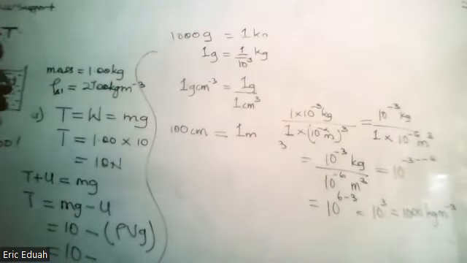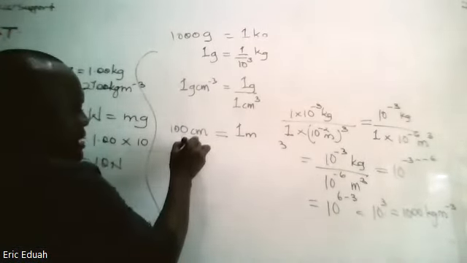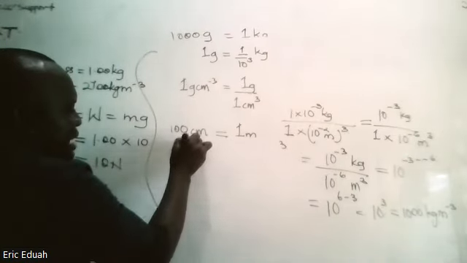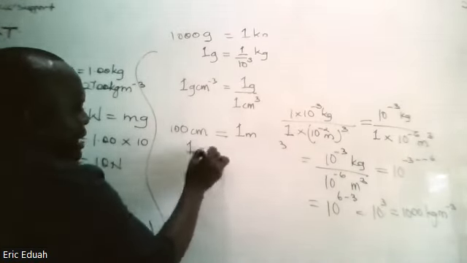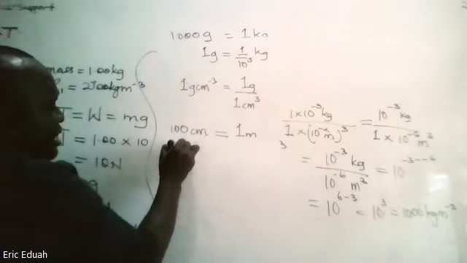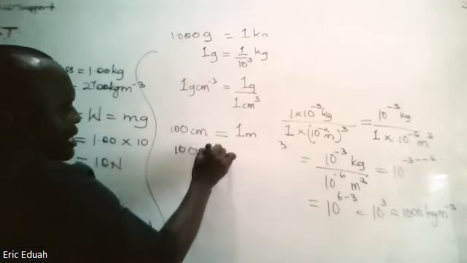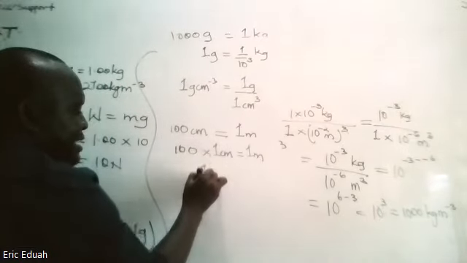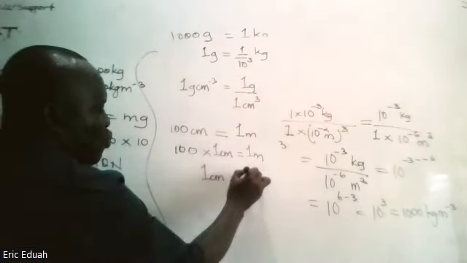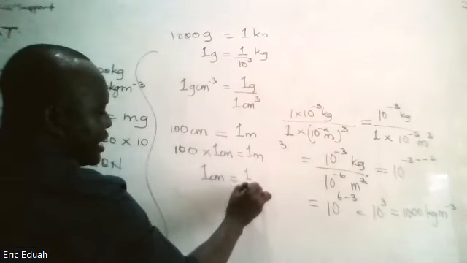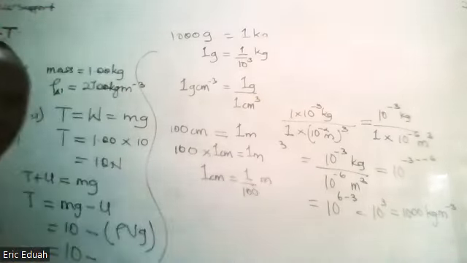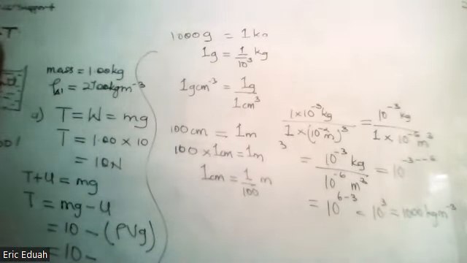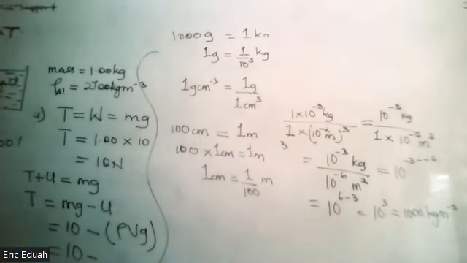So this implies that 100 is actually equal to 100 times 1 centimeter, which is equal to 1 meter. Therefore, 1 centimeter is equal to 1 over 100 meter. Are we okay? Good. Then look at something.